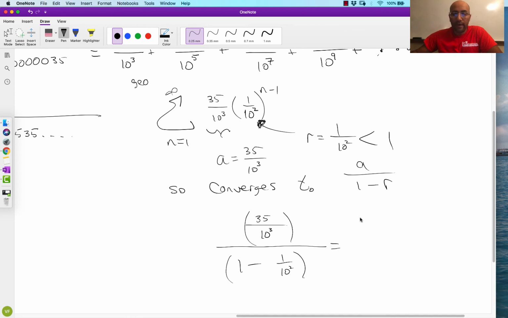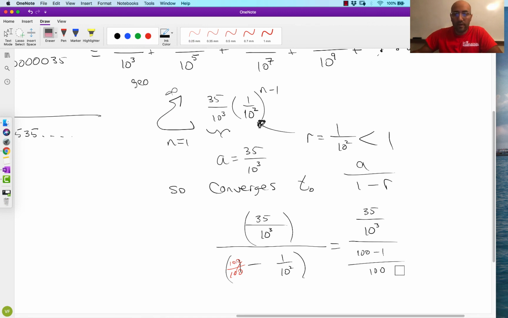Okay, simplifying that, we get 35 over 10 to the power of 3 divided by, now 10 squared, that's 100. So this is equal to 100 minus 1 over 100, right? Changing this to 100 over 100. We get 100 minus 1 over 100, or 10 to the power of 2.